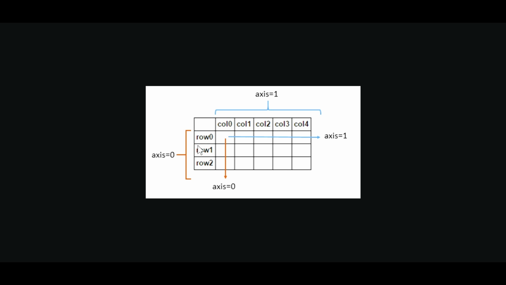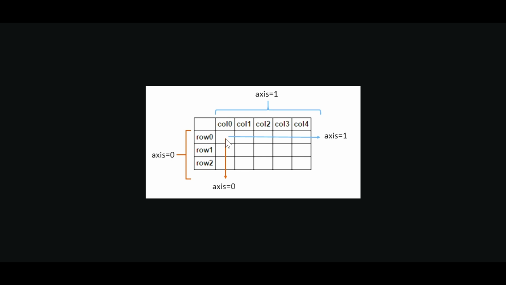You see here a two-dimensional array, or a matrix, where we have axis 0 and axis 1. Axis 0 simply means along the columns, and axis 1 means along the rows. For example, you have used the function maximum over some array along axis 0, and it looks at every column and figures out the maximum element.